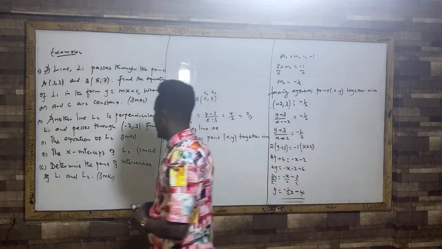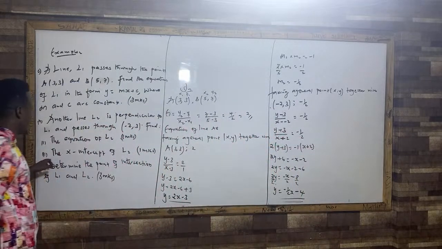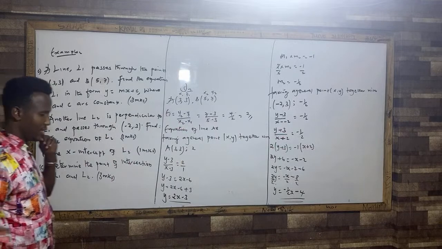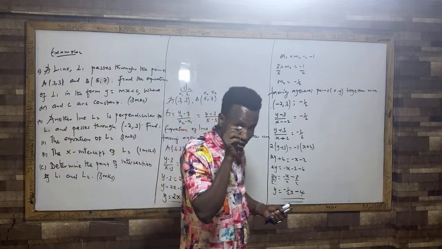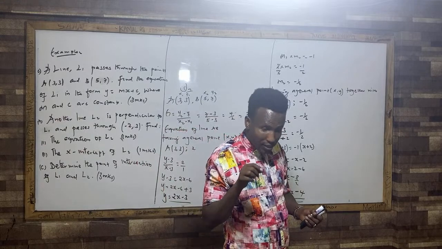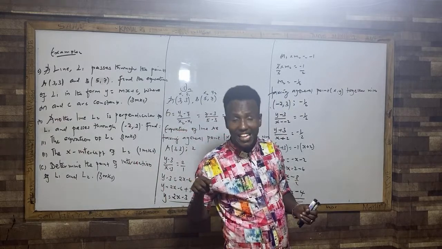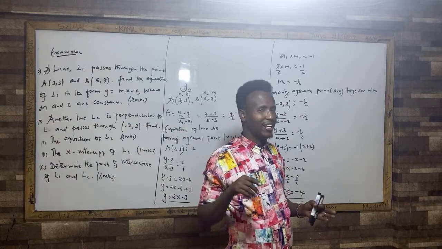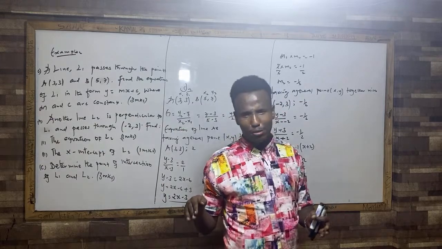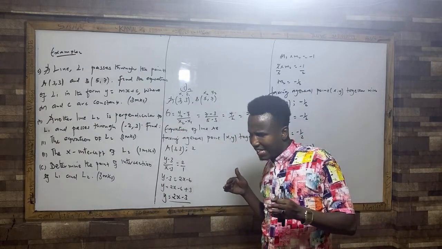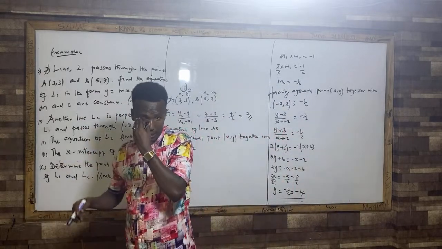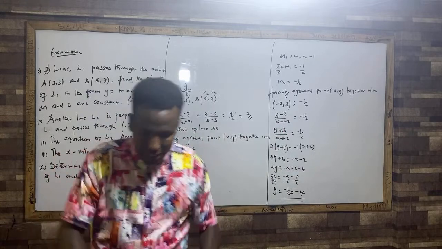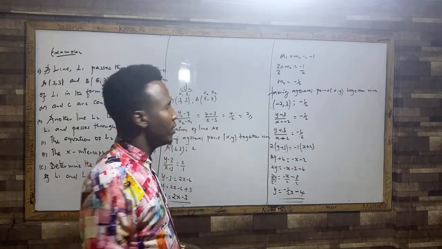You are done, guys. Then here, Roman 2, you are told the x-intercept. When they say the x-intercept, that is the value of x where the line cuts the x-axis. The x-intercept means the point where the line cuts the x-axis in simple language. At that point, where that line cuts the x-axis, y is 0.